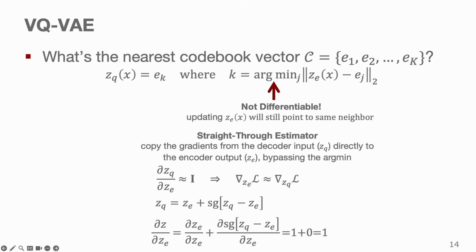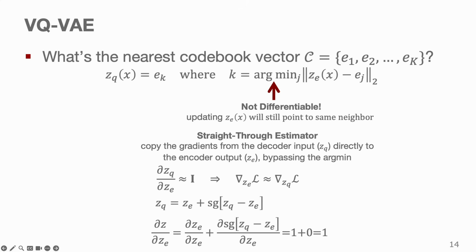So the gradient that tells the decoder how to change ZQ to reduce the loss is probably a very good proxy for how the encoder should have changed ZE, the latent produced by the encoder, in the first place. So this means that we essentially copy the gradient from the decoder's input directly back into the encoder's output.